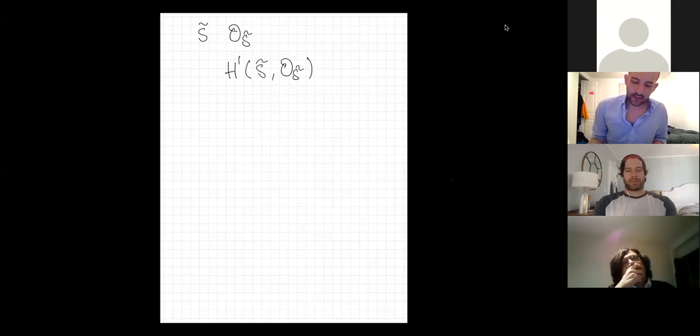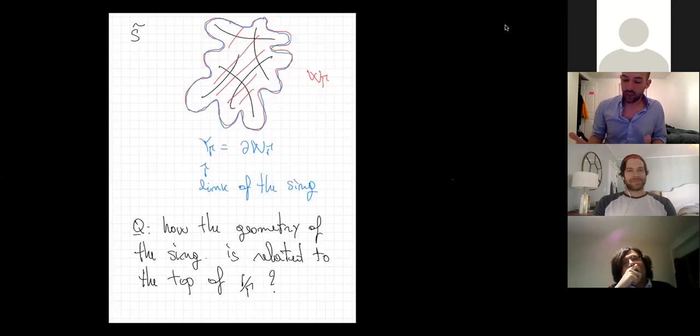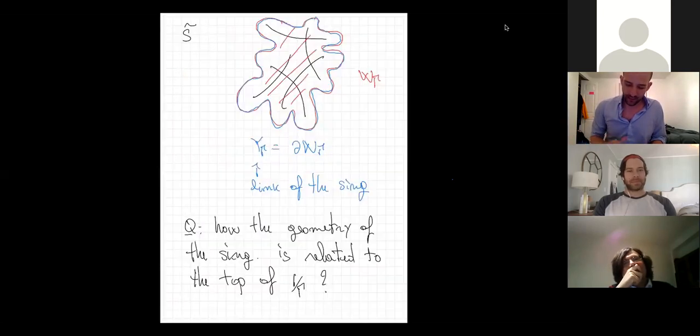This has a dimension, and this number is what is called the geometric genus of the singularity. A question is how can you read these numbers from the topology of the link?